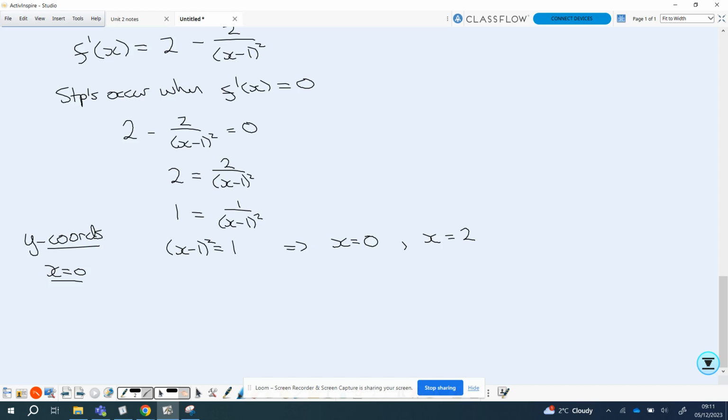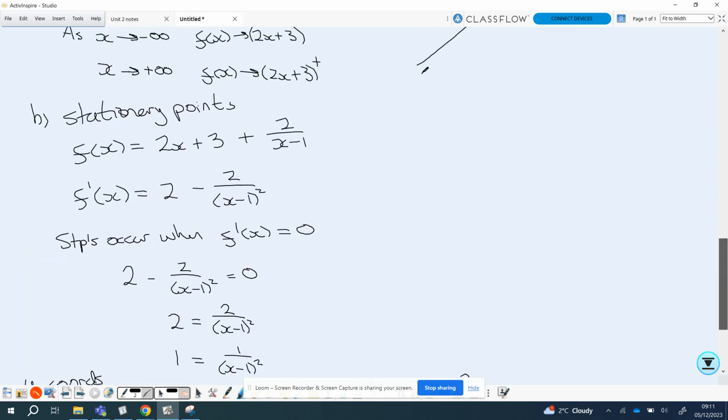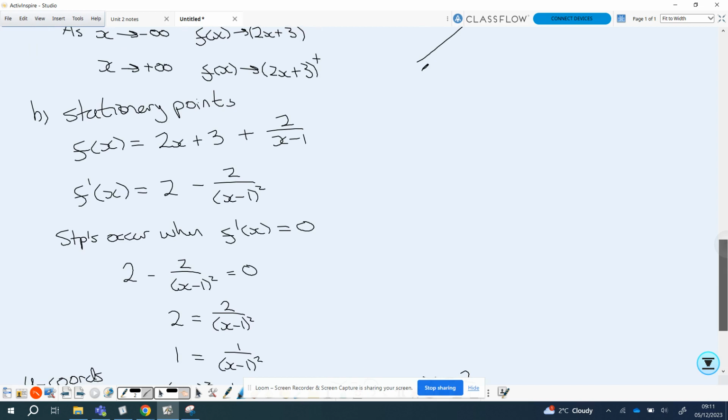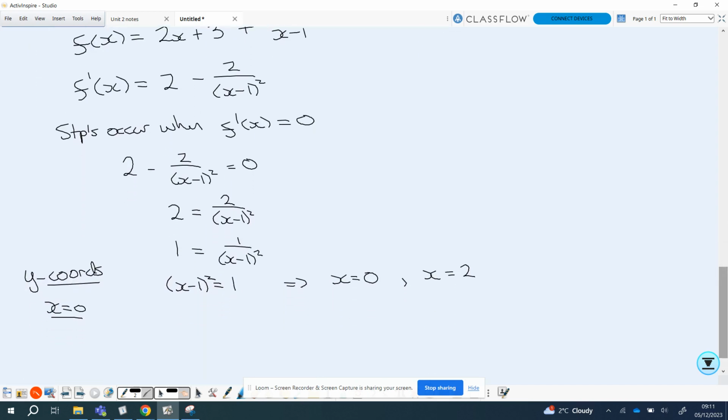So at x equals 0, first of all. Again, you could use any of the functions that we've written down in any form. I'm actually going to stick to the form that we had starting the stationary point, the long division form. That might just make life a bit easier here.